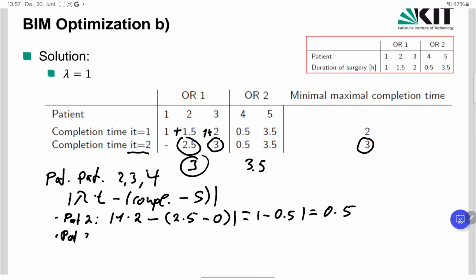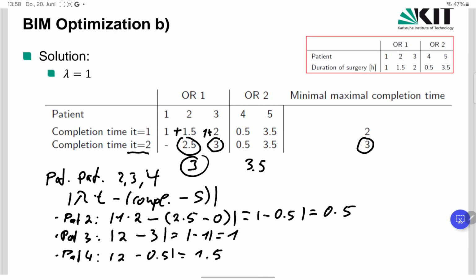Patient number 3 is basically the same: 2 minus the completion time, which is 3, so we have minus 1 here, a deviation of 1. Then for the fourth patient, 2 minus the completion time of 1.5, and here we have a deviation from the lower bound of 1.5.